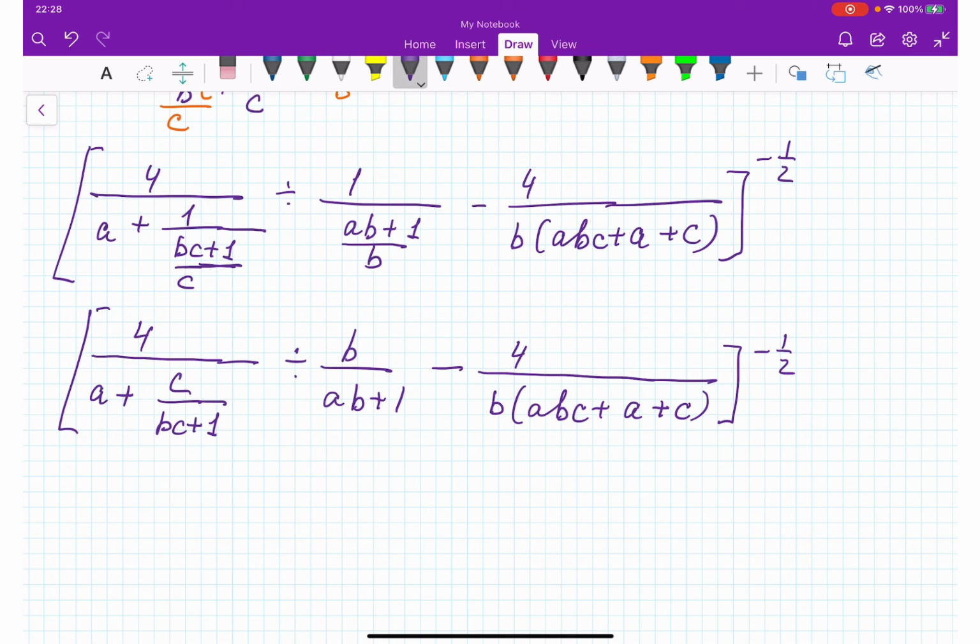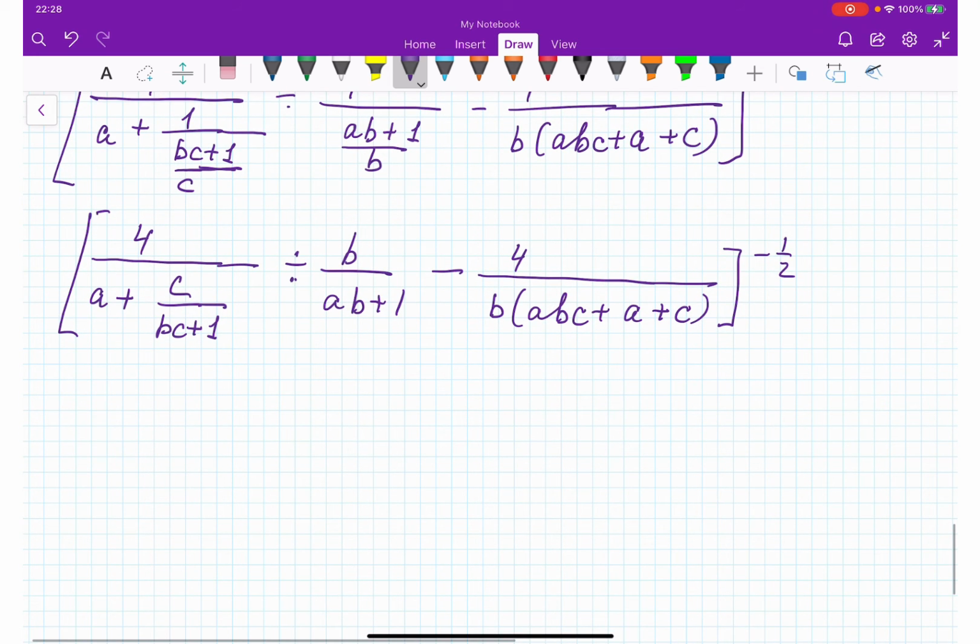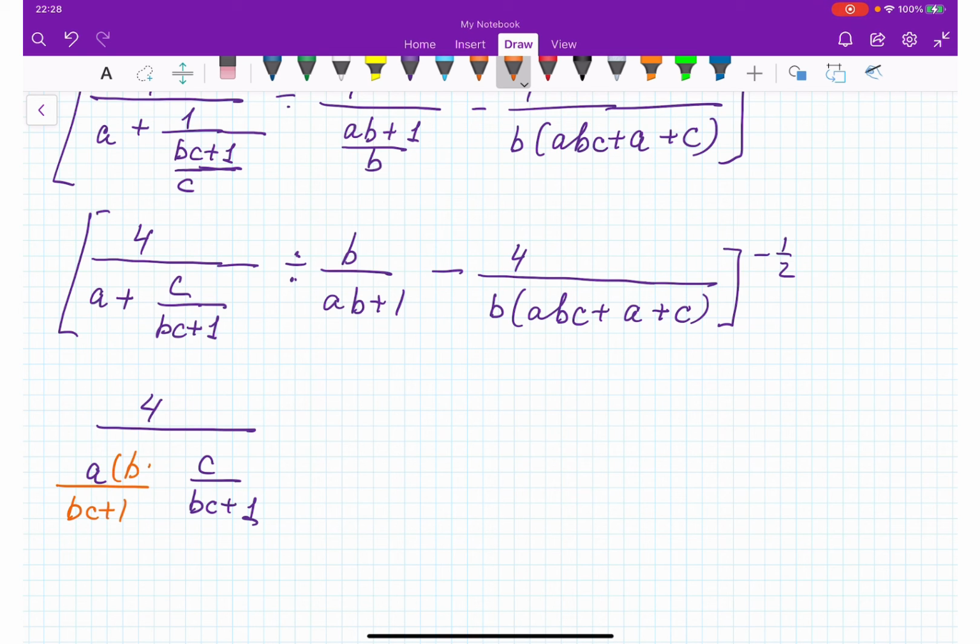All right, so what do we have? 4 over, now bringing to common denominator also here. So the common denominator is going to be BC plus 1, right? And here we are going to have BC plus 1 and multiply by BC plus 1.